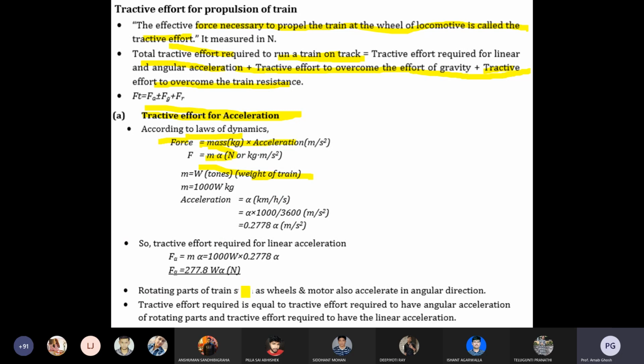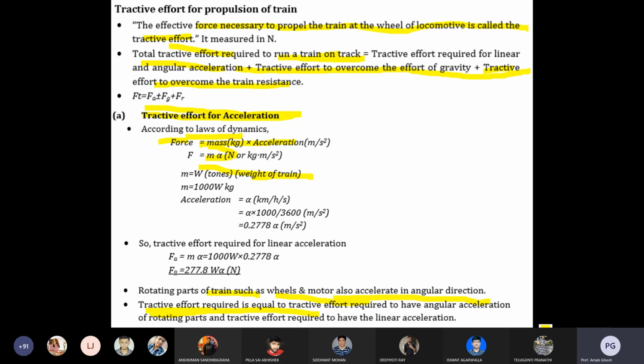The rotating parts of the train, such as wheels and motor, also accelerate in the angular direction. The tractive effort required for angular acceleration is also needed.